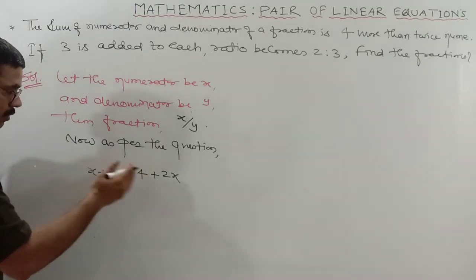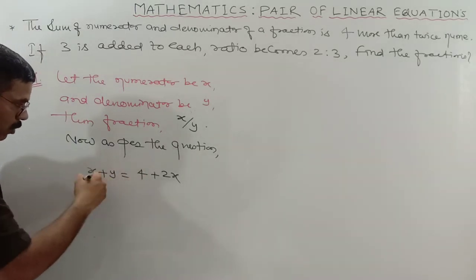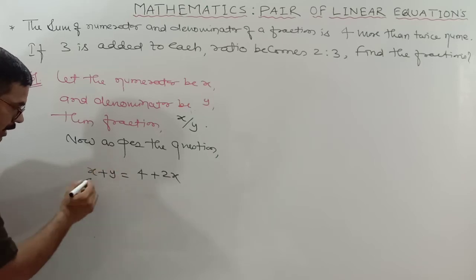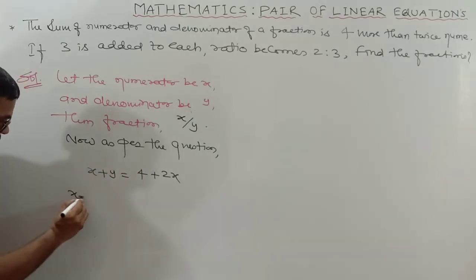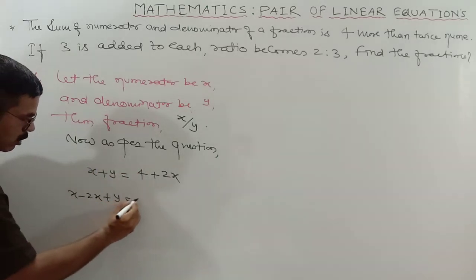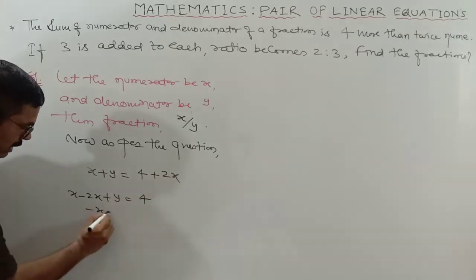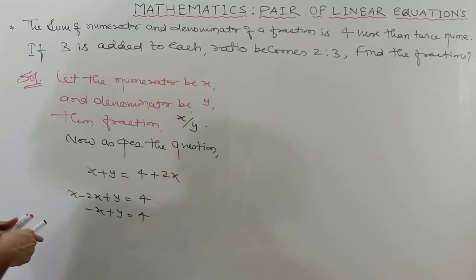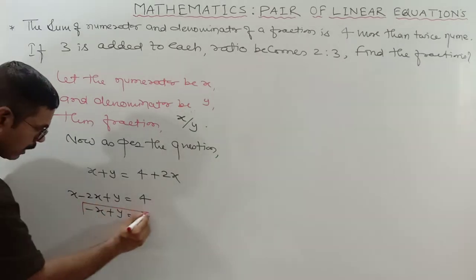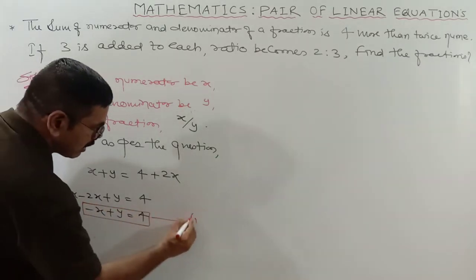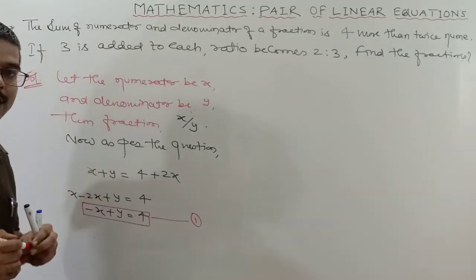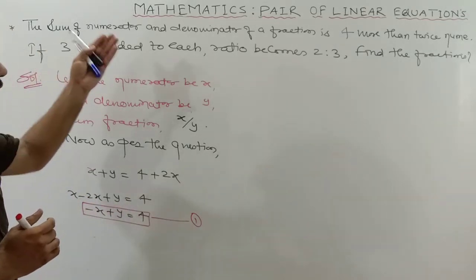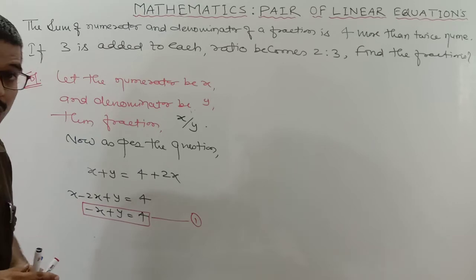So we'll just solve that equation. This 2x will go here. So x minus 2x plus y is equal to 4. So minus x plus y is equal to 4. This is our equation number 1. Do you have any doubt in this? I don't think there is any doubt. What we did is just follow the given situation.